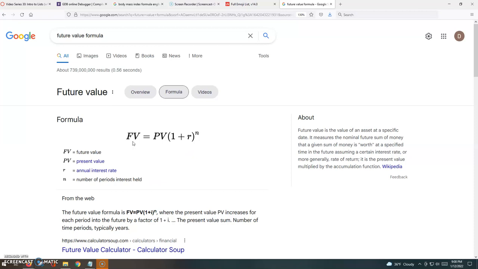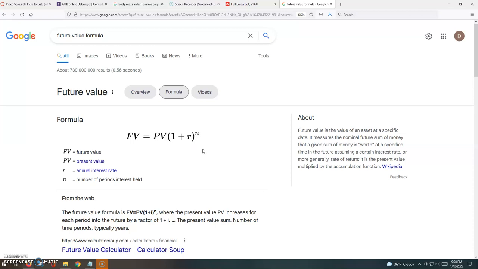So the future value of that investment will be worth the present value, the $1,000, say, that you're putting into the bank or the stock market, times 1 plus the rate, the expected rate of return. So if you have a bank account with some kind of guaranteed percentage of interest, that would be the rate of return.